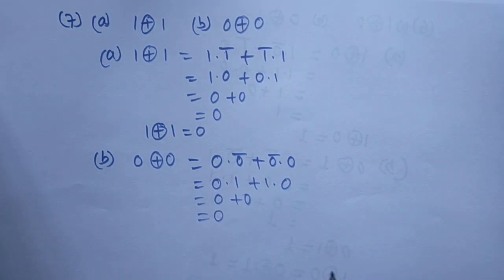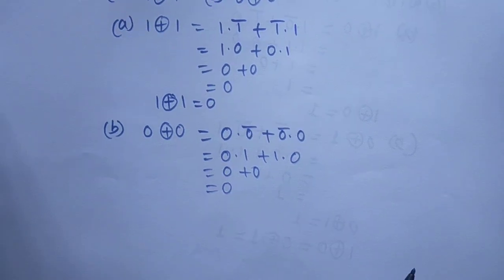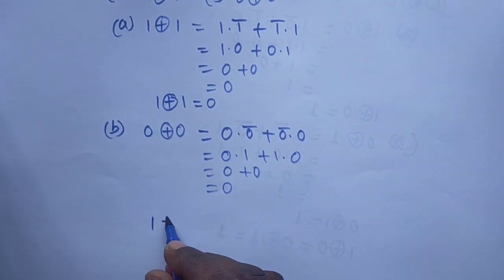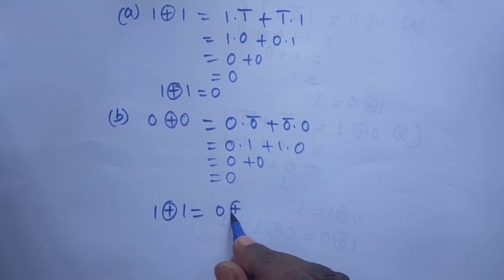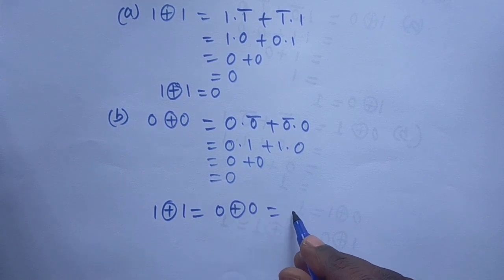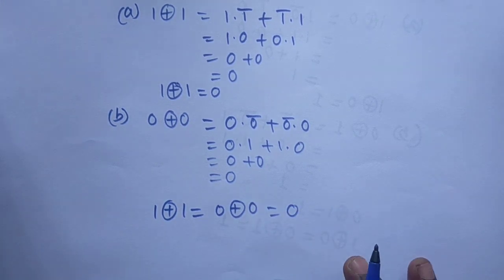So total 0. Okay. We have to prove in this way. And here we conclude that for the same value, 1 XOR with 1 is equal to 0 XOR with 0 is equal to 0.